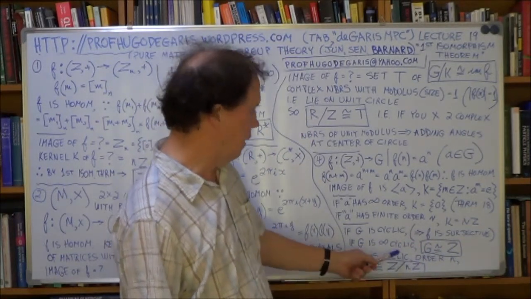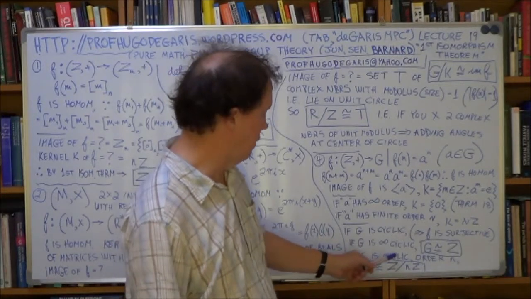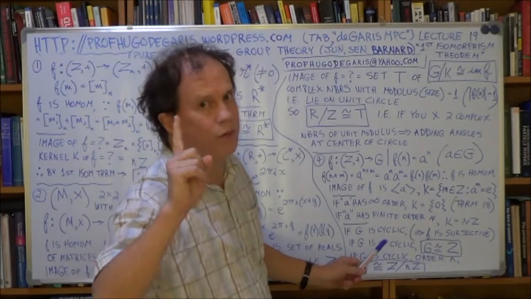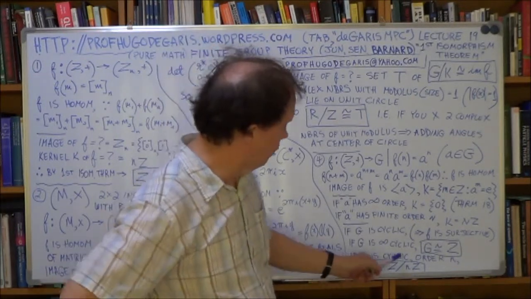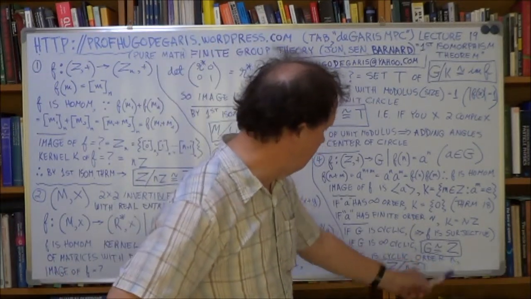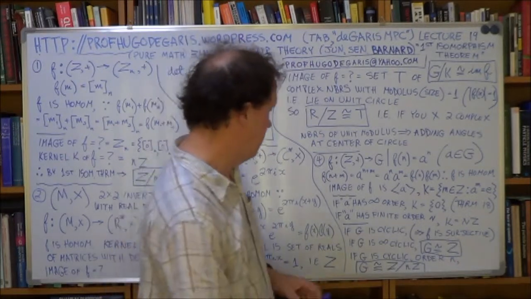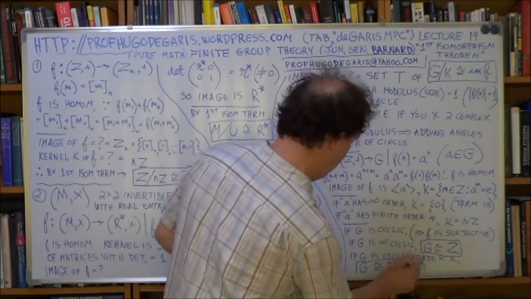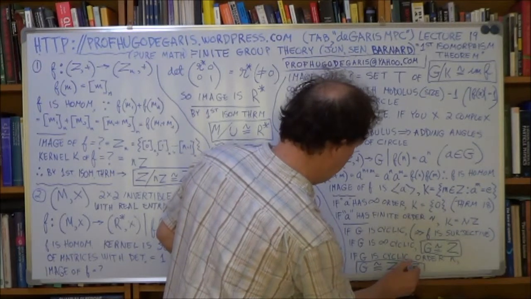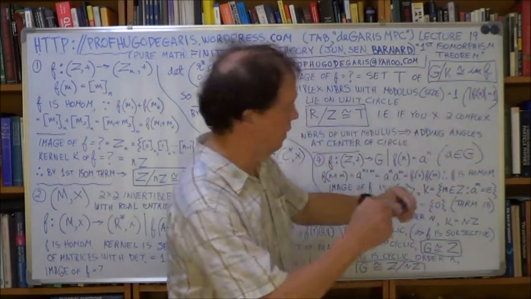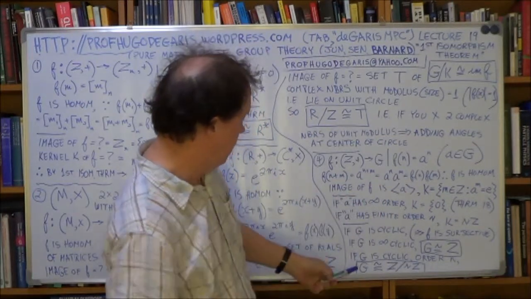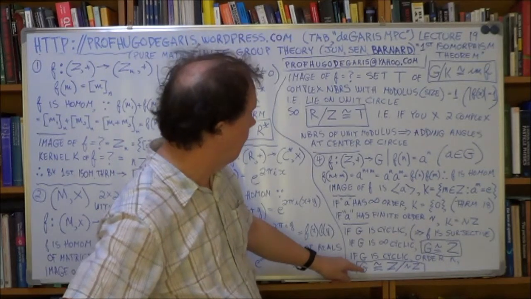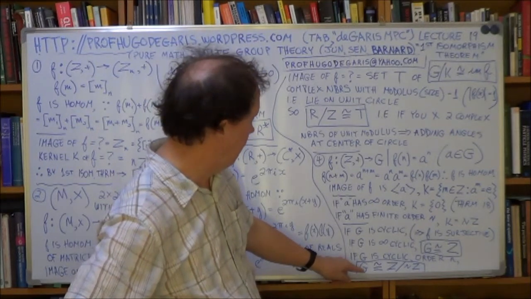And if G is finite cyclic, and the order of the group, not the order of the element, is n, then we can use this first isomorphism theorem to say, now this G here is what?